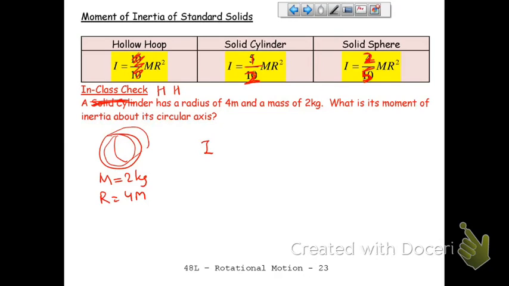Then I hollow hoop is equal to mr squared, which equals 2 times 4 squared, which equals 2 times 16 is 32. Sorry, not kilograms per meter squared. Kilogram meter squared, yeah.